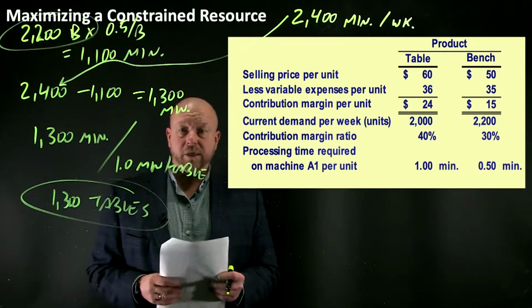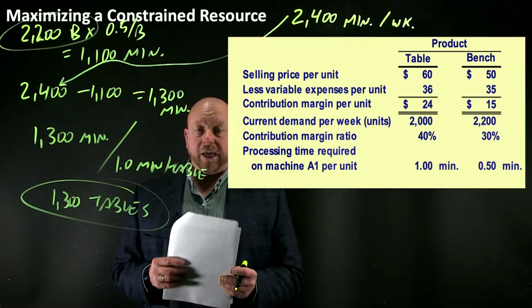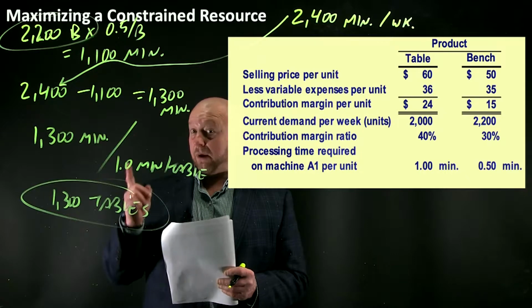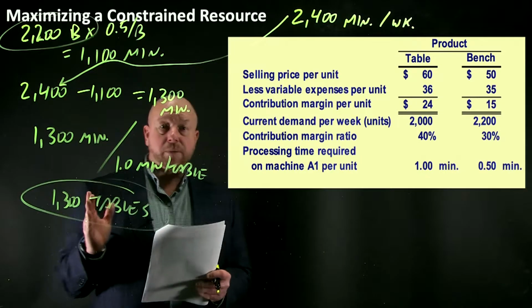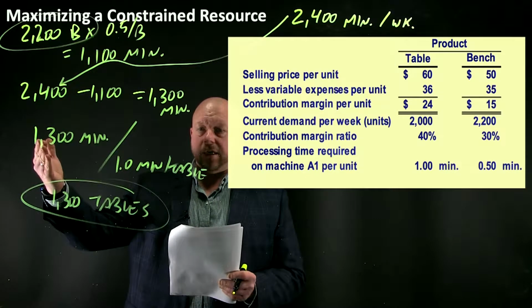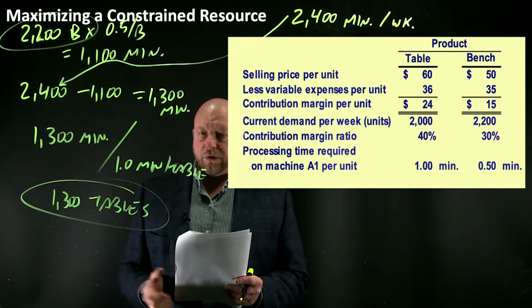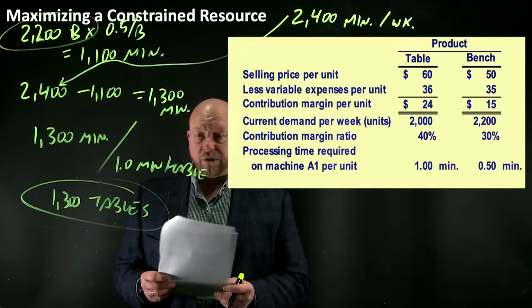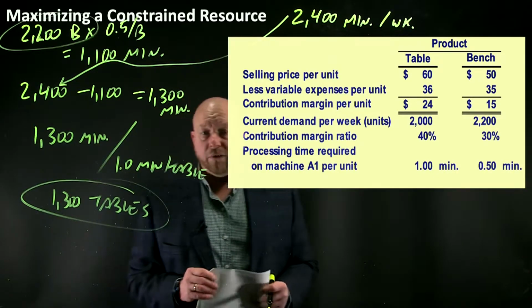That was the benches. Make as many of those as we need to make. Hopefully that leaves some time left over. It might not. That might use up all of our machine time, but hopefully it leaves some time left over, like it did here. So we can make 1,300 tables with the remainder. There are going to be 700 tables for which demand is unfulfilled.